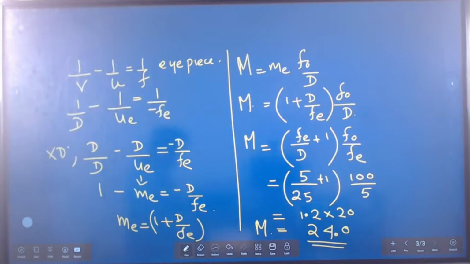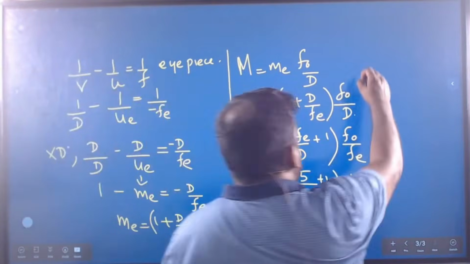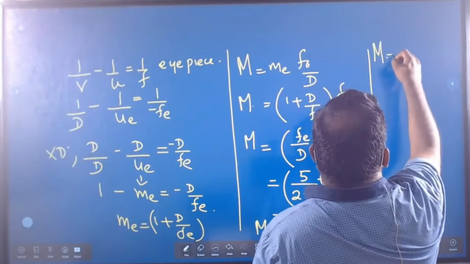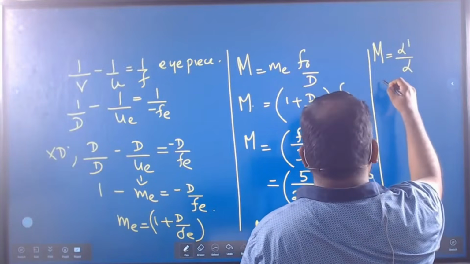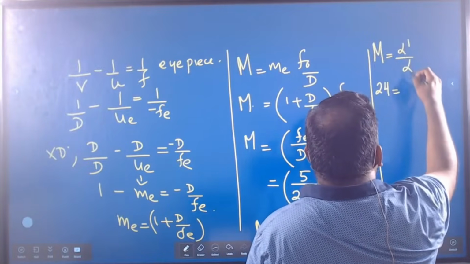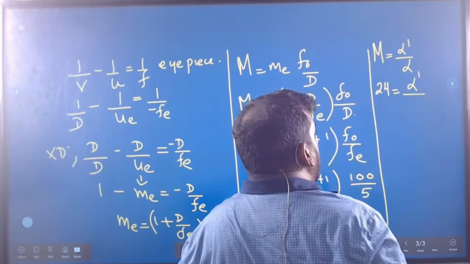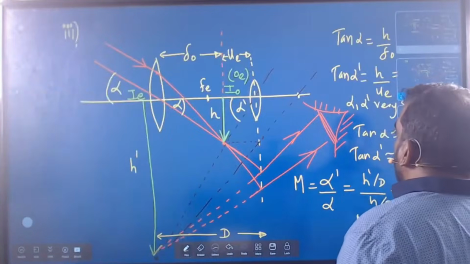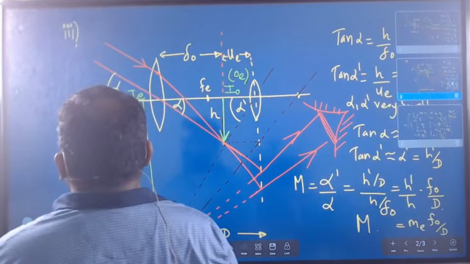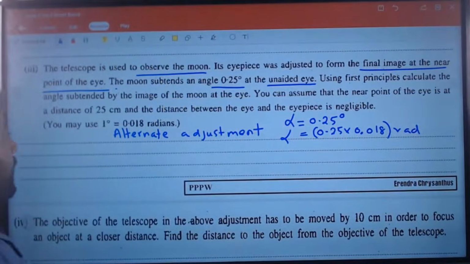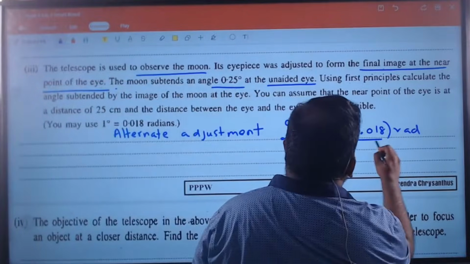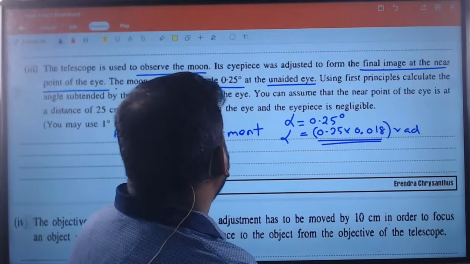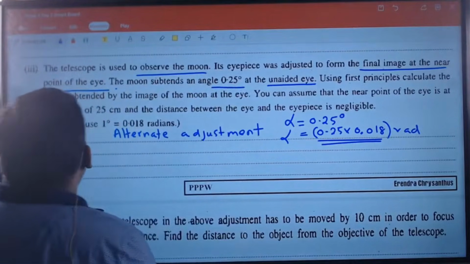Magnification is 24. What are they asking? Angular magnification is alpha dash over alpha. Magnification is 24. The angle subtended by the image of the moon on the eye is alpha dash. Alpha we already know from here: 0.25 multiplied by 0.018 radian.